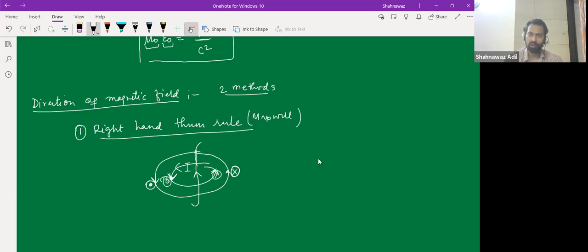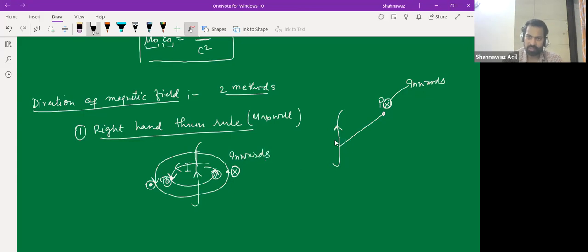The diagram was that the current was flowing in this way, and we were calculating the magnetic field at this point. So this will be a cross, so in here the magnetic field is inwards.